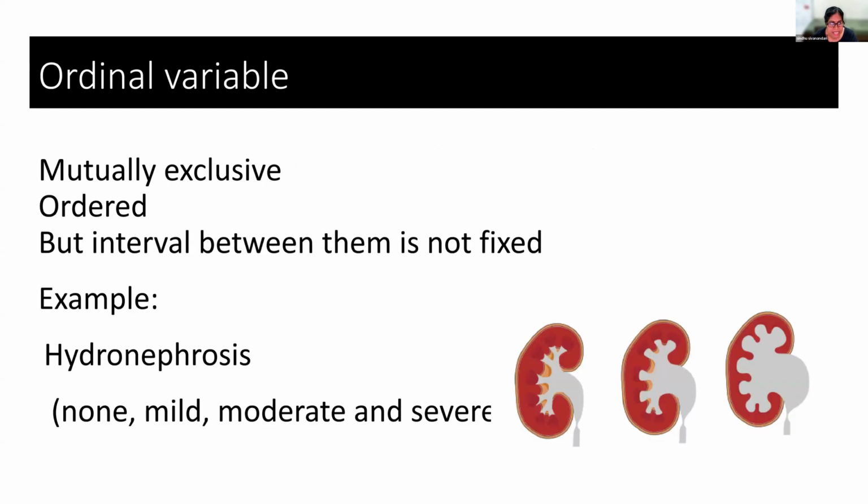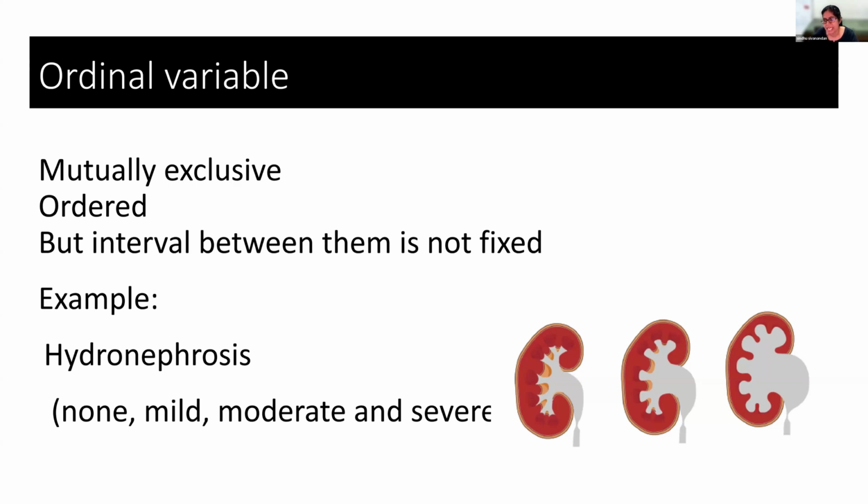They are polynomial scales. When you can bring in some order, then it is called an ordinal variable. For example, the grades of hydronephrosis. No hydronephrosis, then you can have mild, moderate, and severe. You can similarly replace this characteristic as none, mild, moderate, and severe with 0, 1, 2, 3.